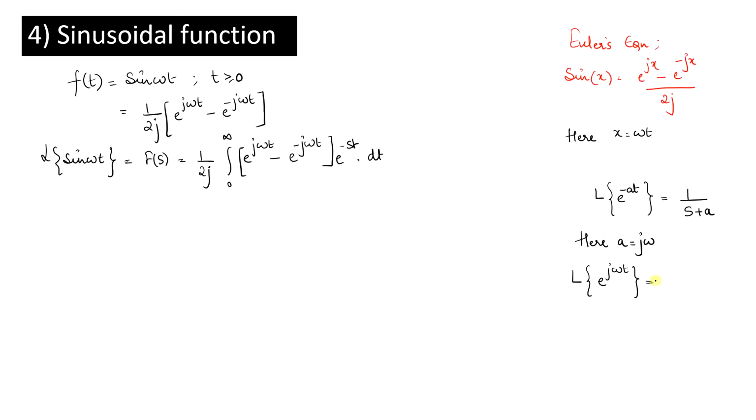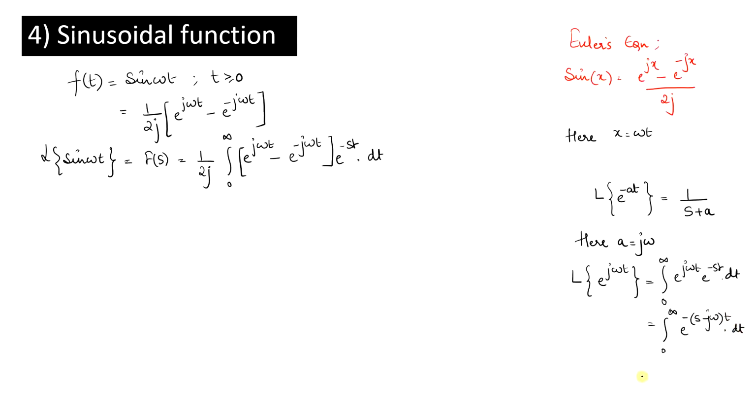This is integration 0 to infinity e power j omega t e power minus st dt. I can write this as integration 0 to infinity e power minus, bringing this common outside, s minus j omega into t dt.